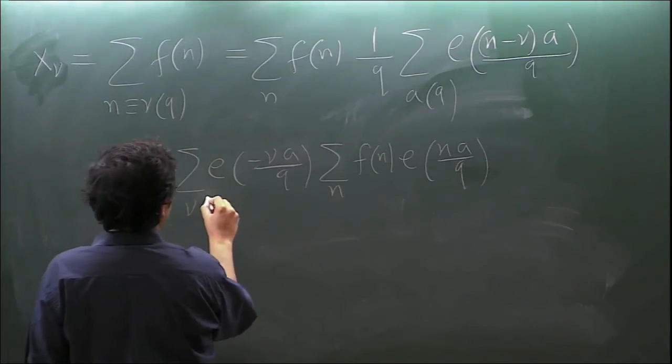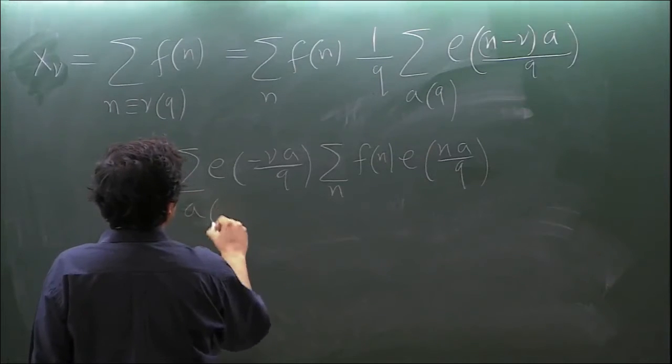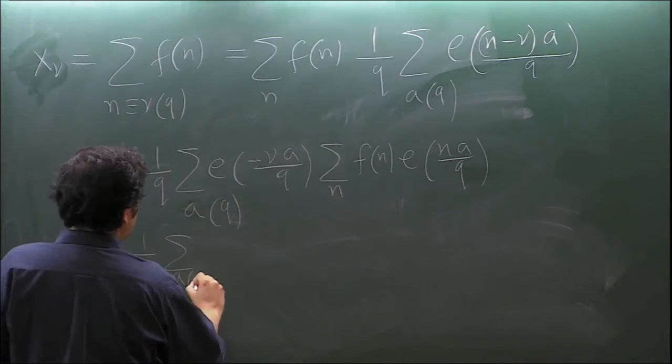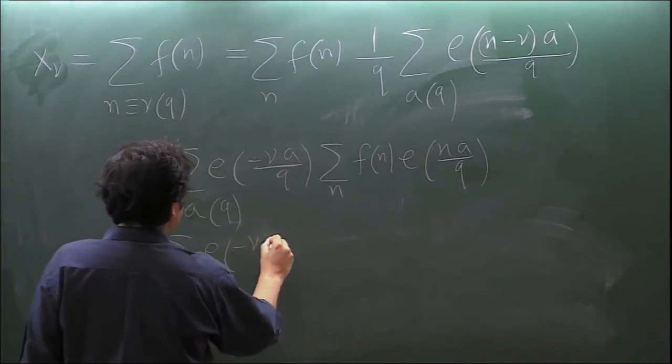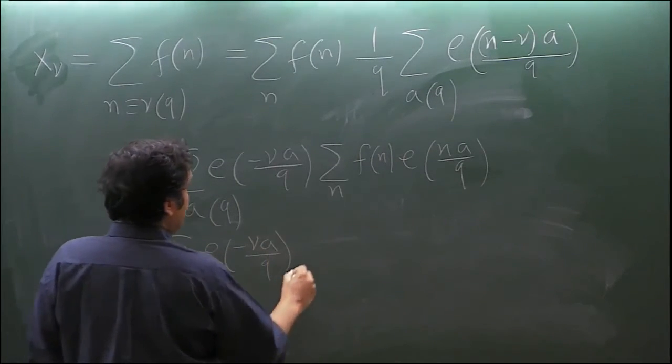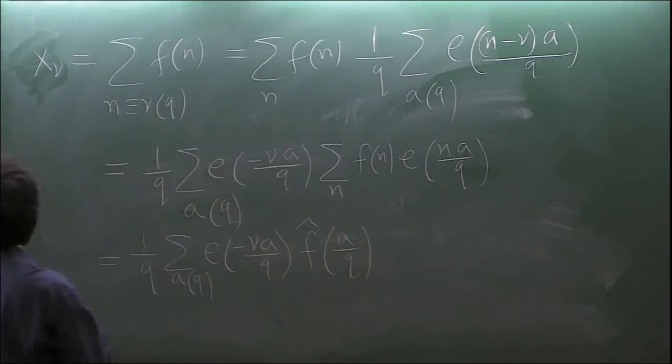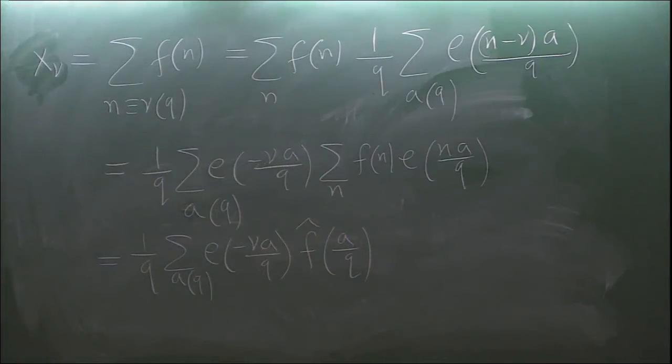This is a sum over a mod q. So this is 1 by q, sum over a mod q, e of minus nu a by q, times f hat of a by q. That is the definition of f hat.